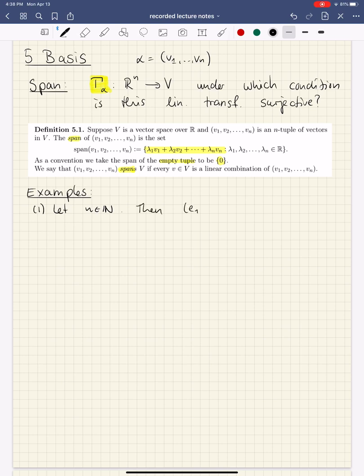Then if we look at these elements that we talked about before, the e_i, they span R^n. Let's go on. Let's look at the tuple e1, e1 plus e2, e2 with e1 and e2 in R^2 here. They span, then alpha spans R^2.